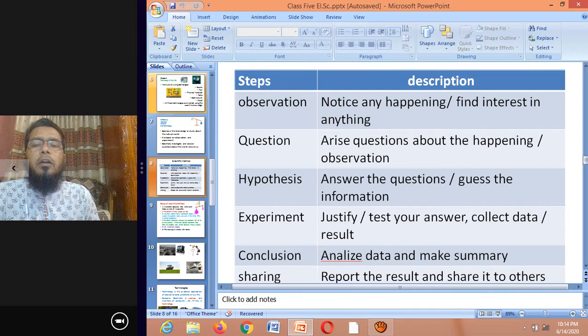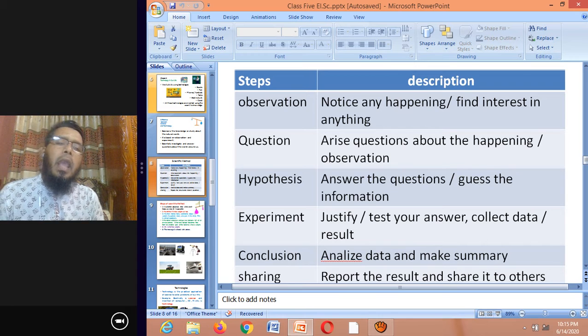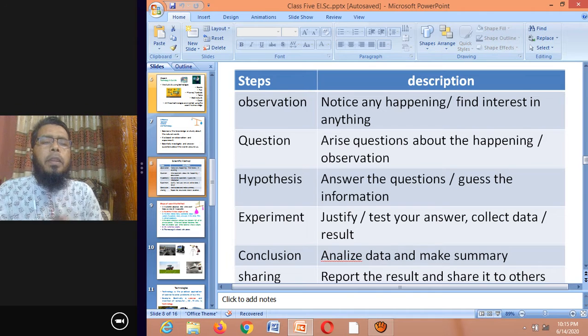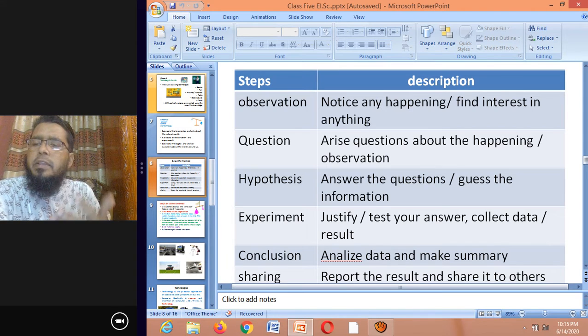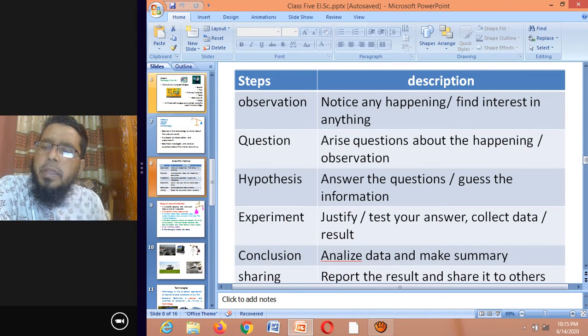This is mentioned here, observation. And what is observation? Notice a happening. We can notice any happening, we can find interest in anything about what is happening in the world.